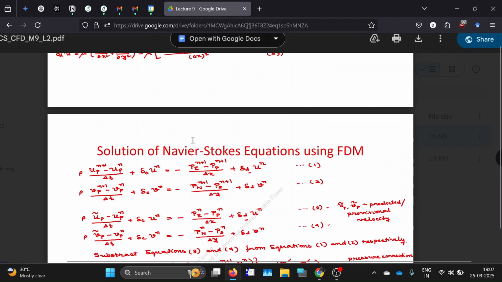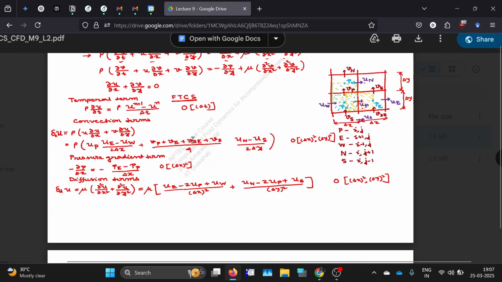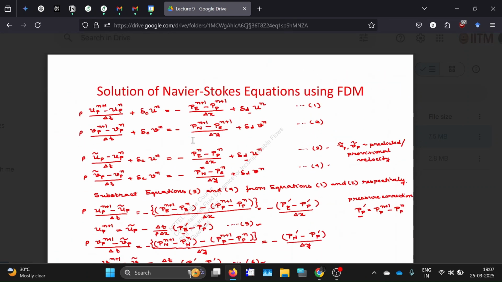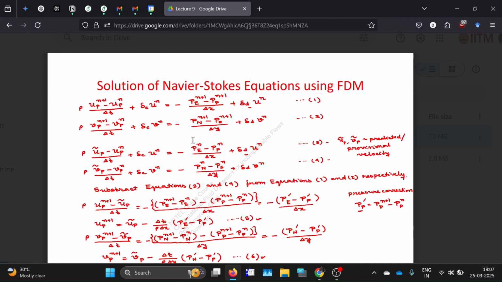Yeah, so see, because earlier, whenever we learned forward time, central space, and all that, we had only one variable which we were solving for, right? It would be some phi, dou phi dou t plus dou 2 phi dou x square equal to 0. Here we have pressure and velocity both.